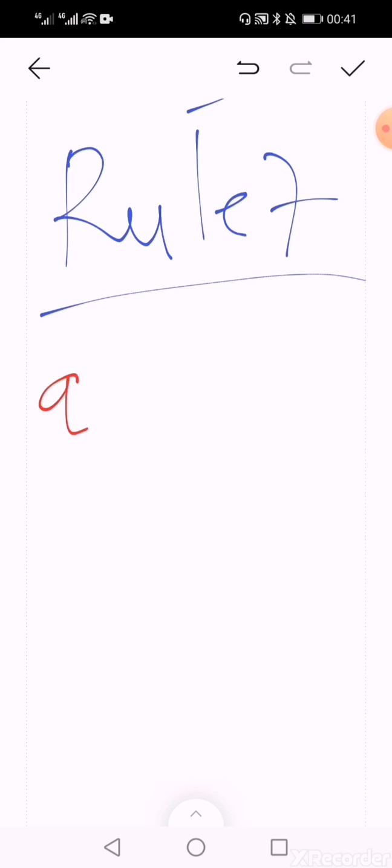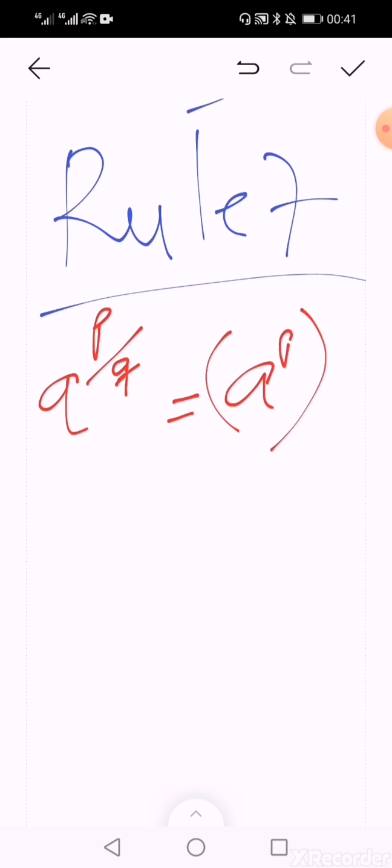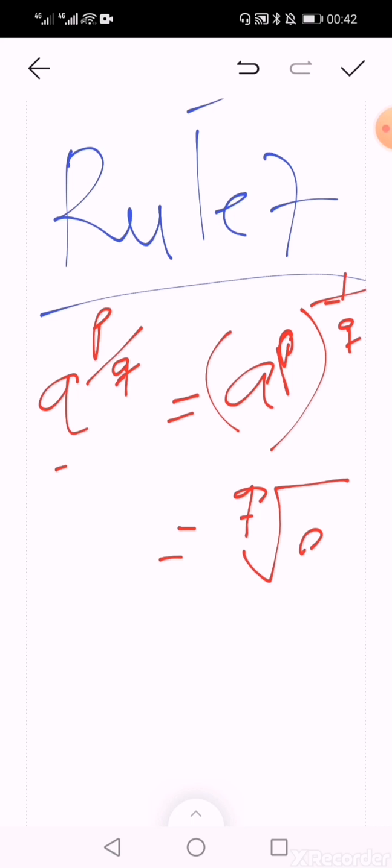It says a to the power p over q is equal to a to the power p, to the power 1 over q, which is the same as the q-th root of a to the power p.